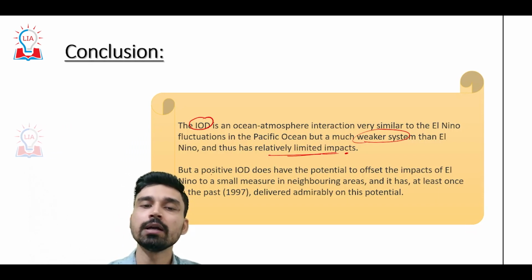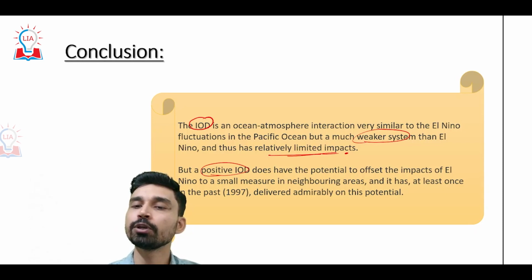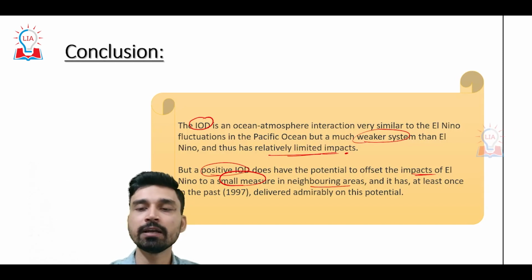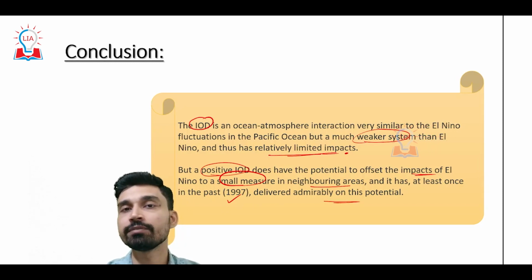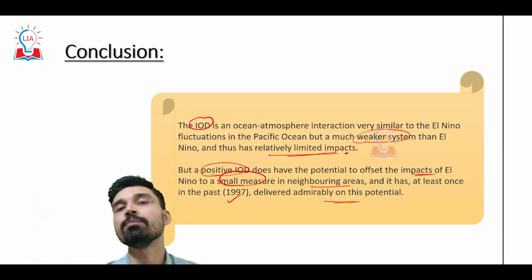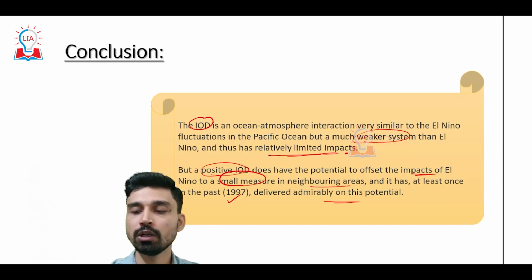However, a positive IOD does have the potential to offset the impact of El Nino, even if in small measure, in neighboring areas such as India and Africa, and it has at least once in the past, before 2019, in 1997, delivered admirably on this potential, where it compensated for the deficit rainfall of the monsoon in the month of July. So that is all about this particular video.